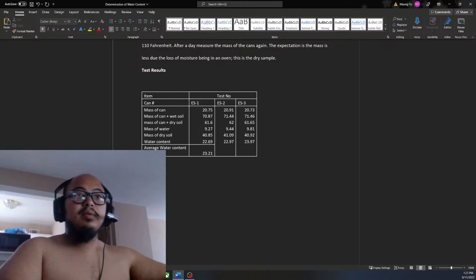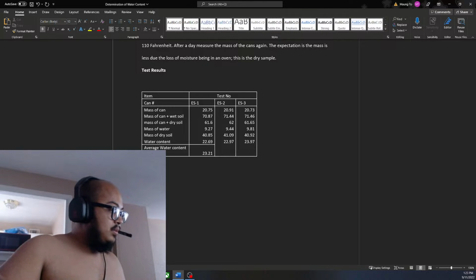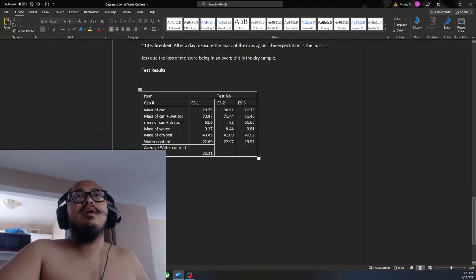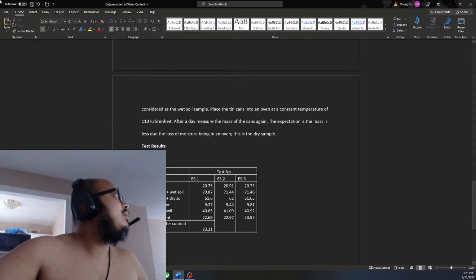Table 1. What should I write for the heading? I always have trouble writing the heading for these things.